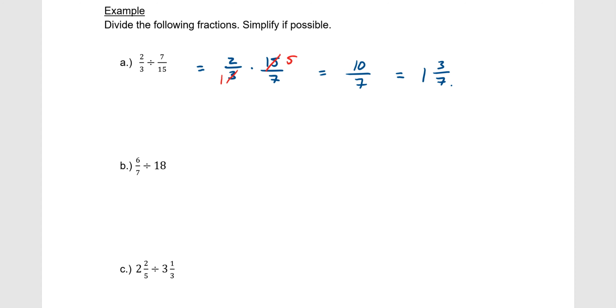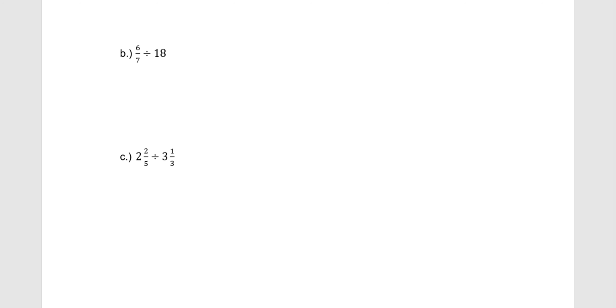Okay, and for the next one, we have 6 over 7 divided by 18. So once again we see division, so it's keep, change, flip. Keep the first one the same, change to multiplication. When we reciprocate or flip 18, we have to remember that a whole number technically has a 1 in the denominator. So the reciprocal of 18 is 1 over 18.